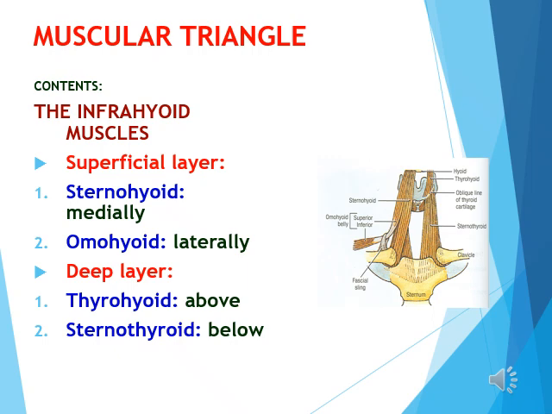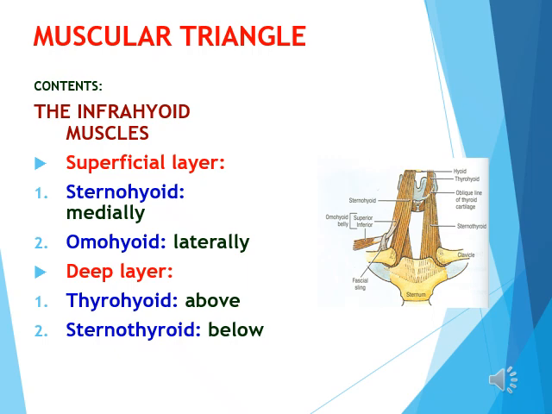Superficial layer: the sternohyoid and omohyoid; deep layer: the thyrohyoid and sternothyroid. So in the superficial layer, the sternohyoid lies medially, closest to the midline. It is a steadfast strap pulling the hyoid bone to the sternum.